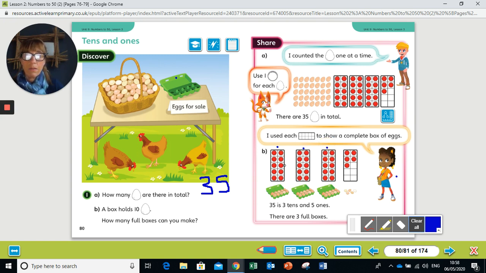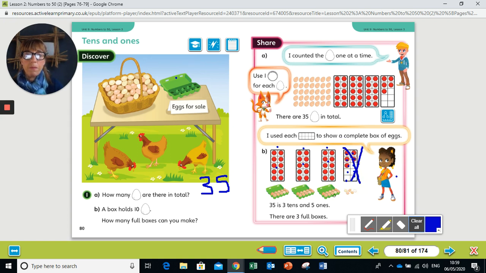How many eggs have I got there? 10, 20, 30. 30 eggs, and I've got 5 left over. So this isn't a complete box of eggs, is it? Because here are all the empty spaces in the box.